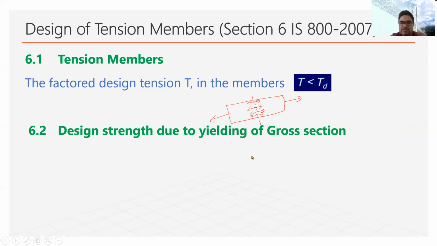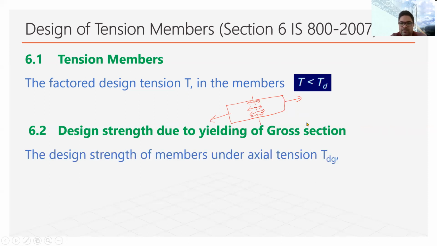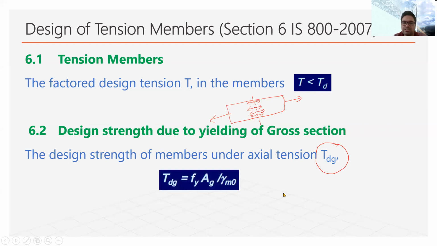We can calculate this using this relation. The strength of the plate in this scenario we express as TDG. TDG can be calculated using Fy into Ag, where Ag is the area and Fy is the yield stress, and we know that force is stress into area.